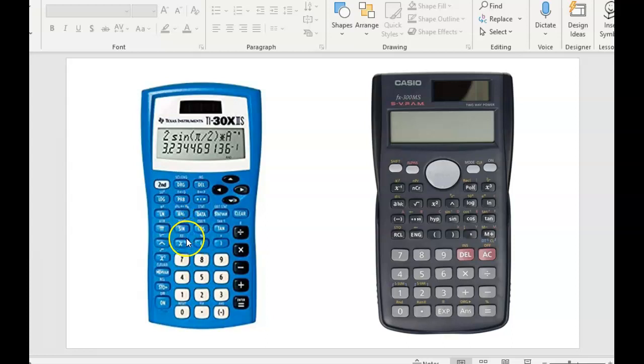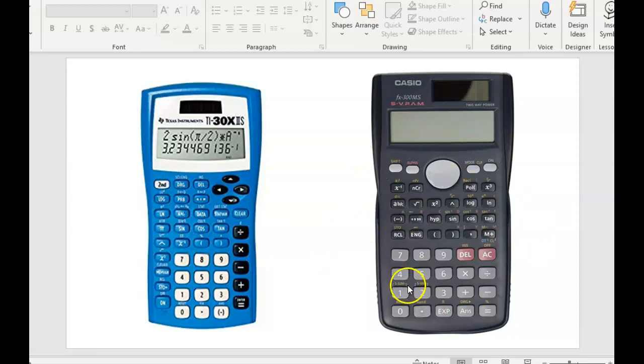I think it's this one right here. So if you have a Texas Instrument that looks like this, in order to put something in scientific notation, you're going to have to hit the second key and then whatever key that double E is right above. And I think it is this one. Like I said, it's a little blurry on this end.